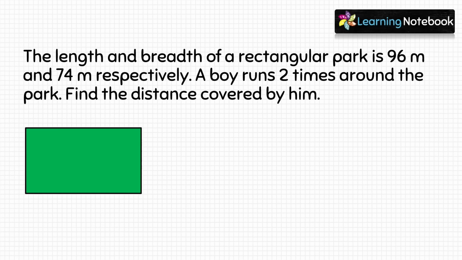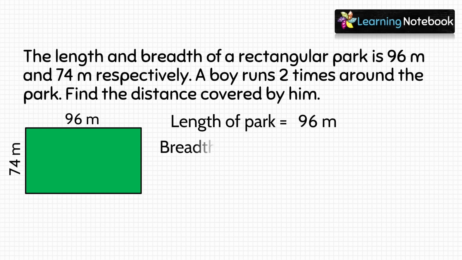So this is the rectangular park and we are given its length as 96 meters and breadth as 74 meters. Now it is also given that the boy runs 2 times around this park. So it means the boy has covered the perimeter of this rectangular park 2 times.